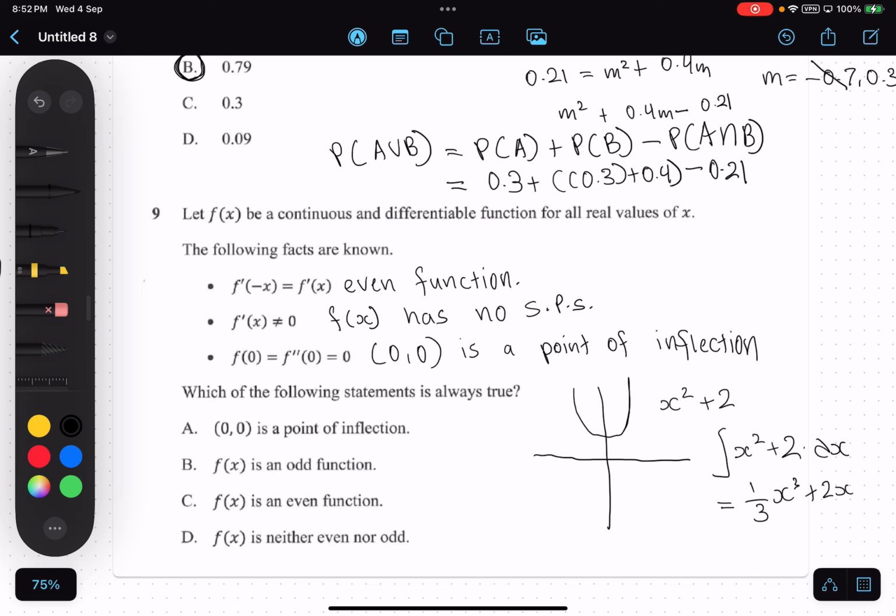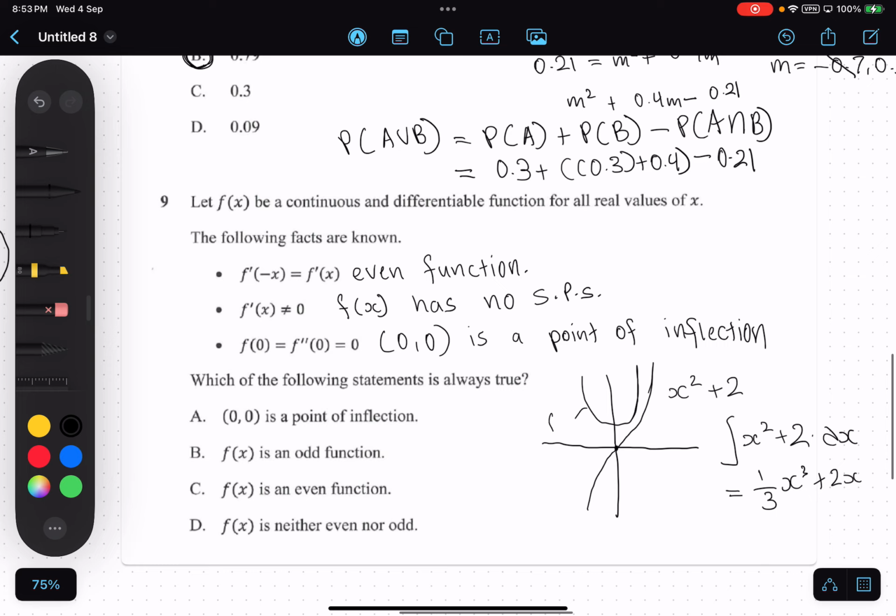That is going to look like this, or something like that. I'll just label which one's which for you. This is f of x.